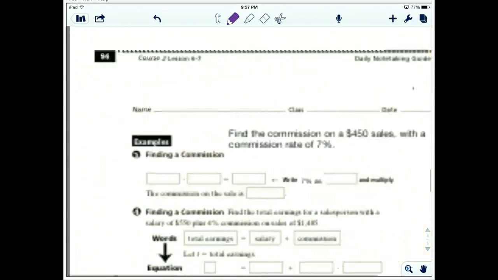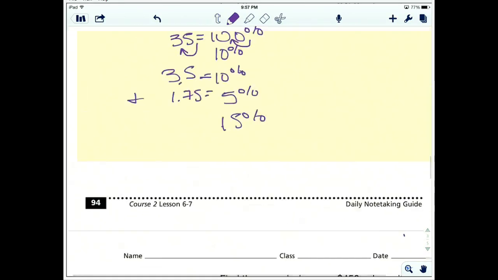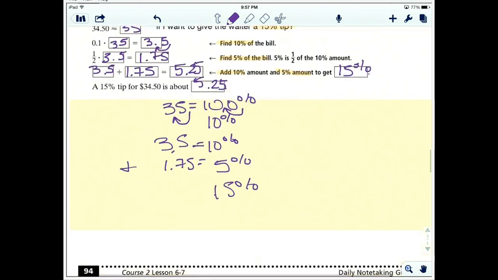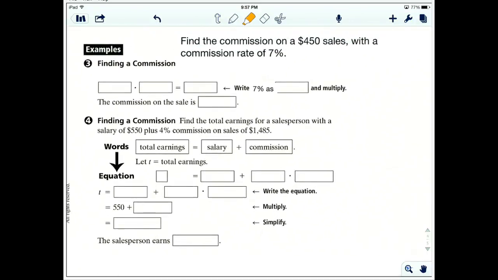Okay, let's go ahead and look at the next example. In the next example, we are dealing with commission. It says find the commission on a $450 sale with a commission rate of 7%. We discussed at the beginning that commission was a percent of what you were able to sell.